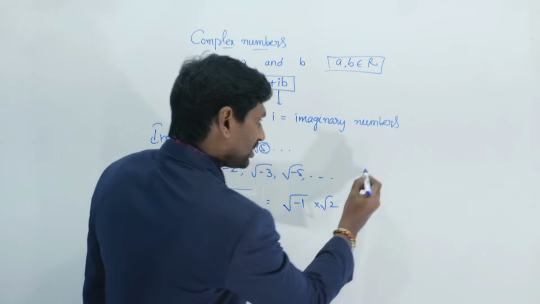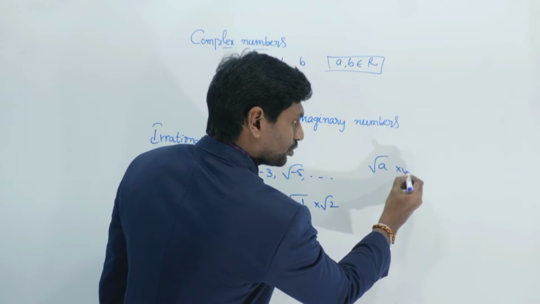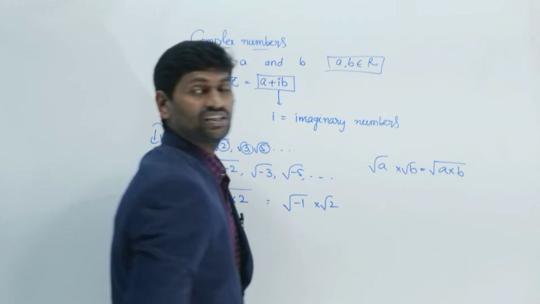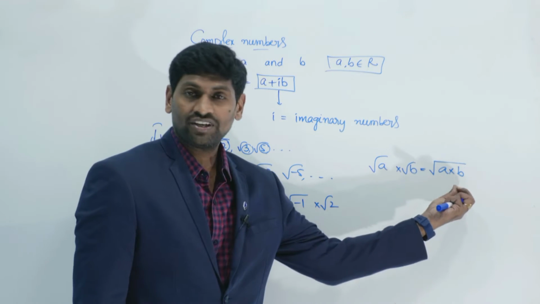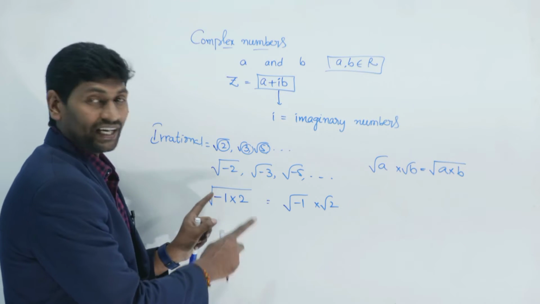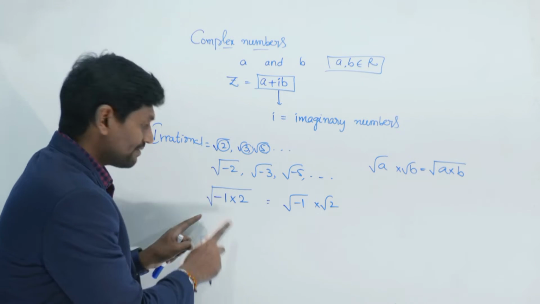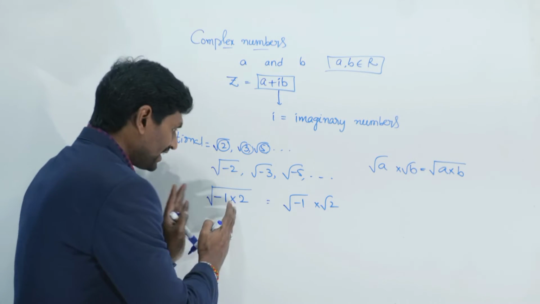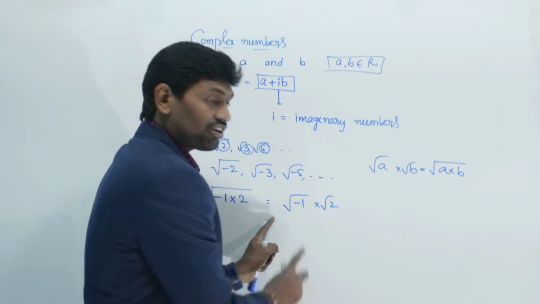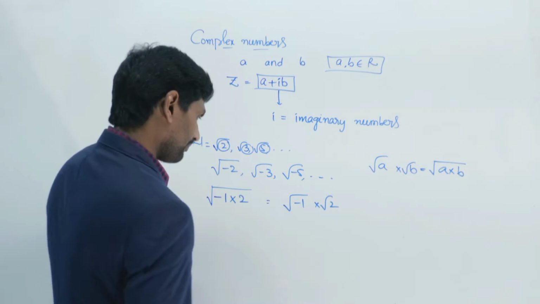According to the property of irrational numbers, root A into root B we can write as root over A into B, and the same way root over A into B we can write as root A into root B. So I separate root over minus 1 into 2 using the product formula as root over minus 1 into root 2.